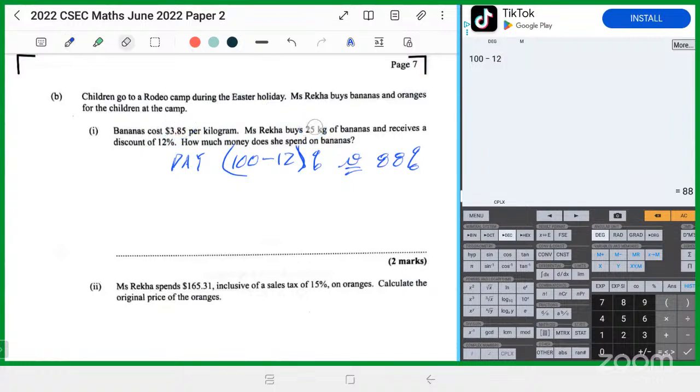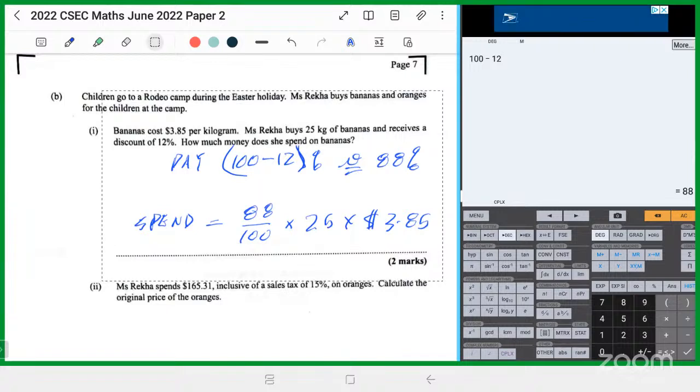And so she spends 88 over 100 times the amount that she was originally supposed to pay, 25 kilograms times the amount per kilogram, which is 3.85.